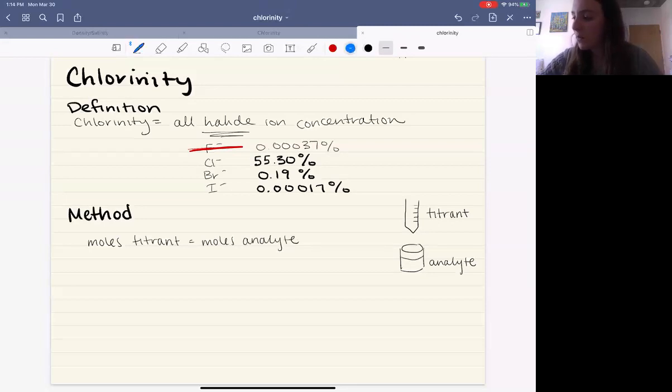Okay, so moles of titrant equals moles of analyte is called the equivalence point. In practice, however, you typically add an indicator and you stop your titration once you hit the end point, which is when your indicator changes color.